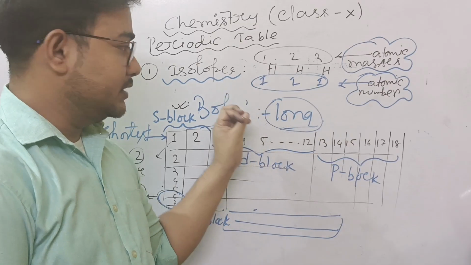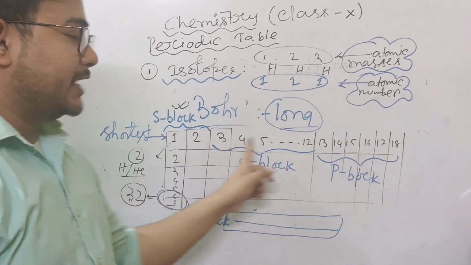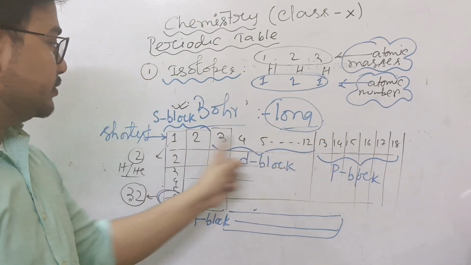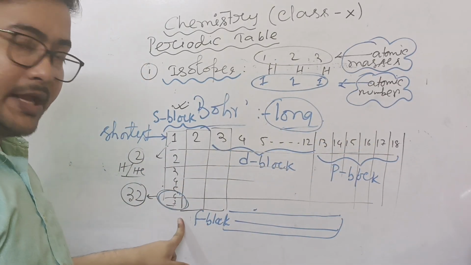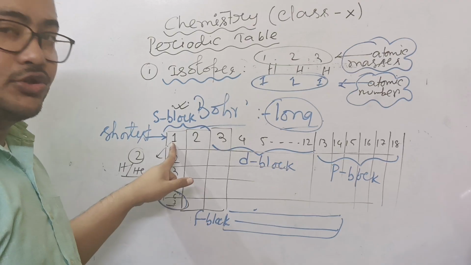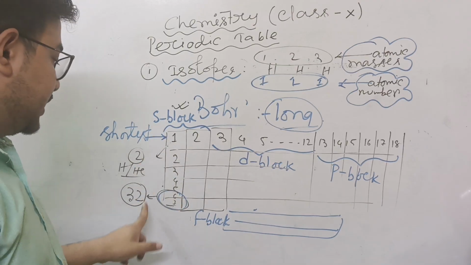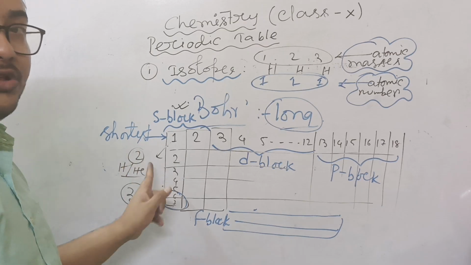There is no exact law there. Keep in mind this factual data: what is the total number of columns and groups? 18. What is the total number of rows? 7. Among these, which row is shortest? First row. And the longest rows are 6 and 7. They contain 32 elements, and the first contains 2 elements, hydrogen and helium.